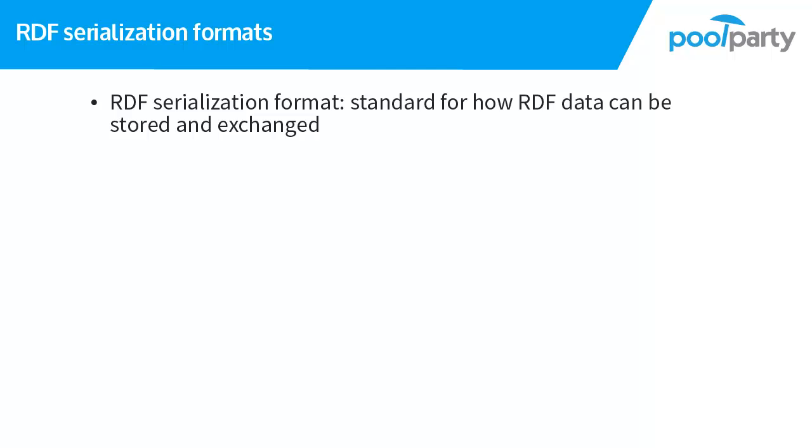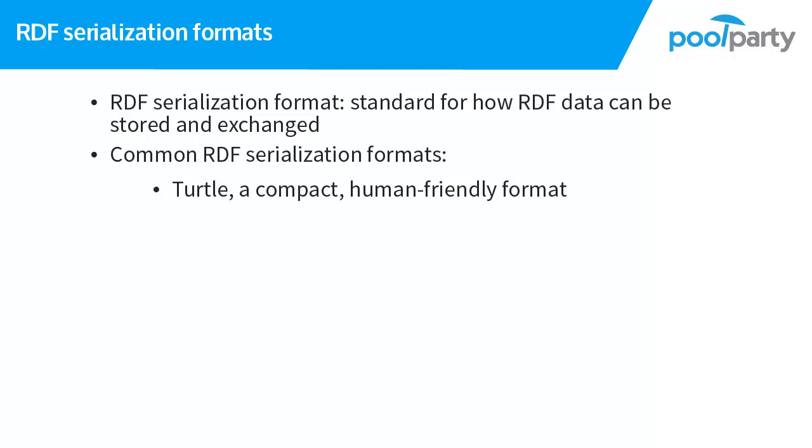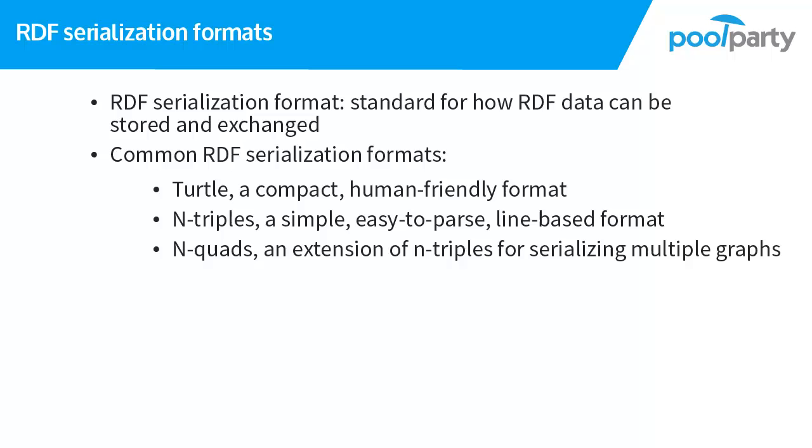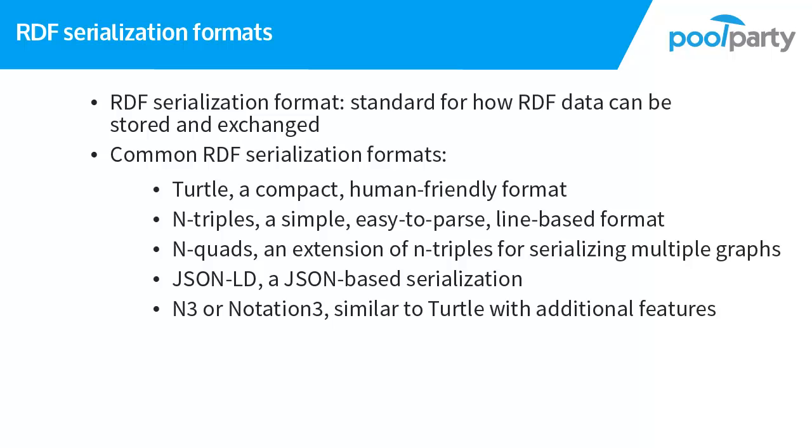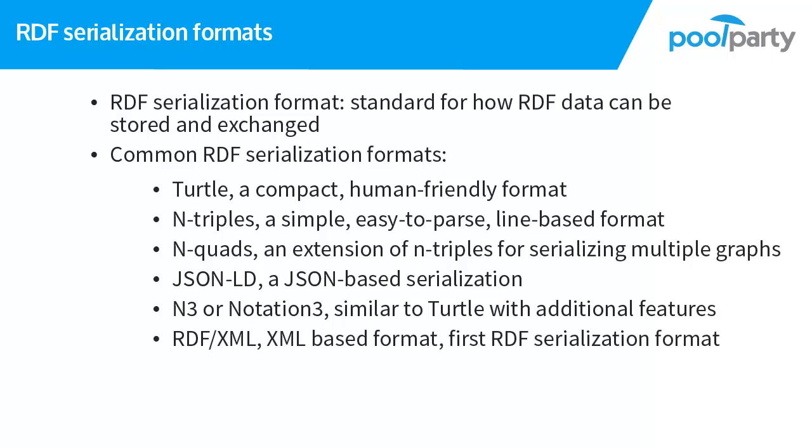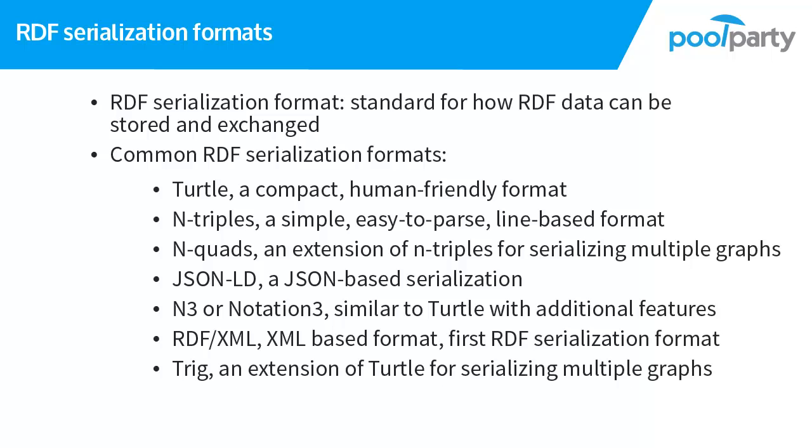A serialization format is a definition of how the elements that RDF data consists of can be put into a file and read again by another application. Examples of common serialization formats are Turtle, N-Triples, N-Quads, JSON-LD, N3 or Notation 3, RDF/XML, TriG, and TriX.